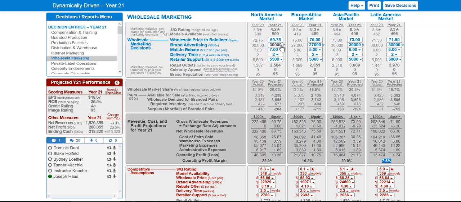Brand advertising is actually the cheapest way. That's why you see us spending so much money here. Is the cheapest way to create demand. The more you advertise, the more demand that you get.